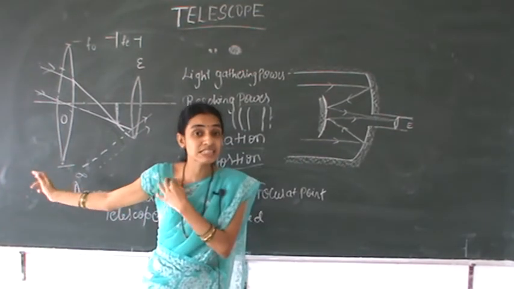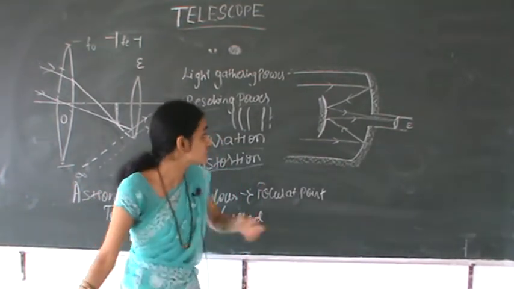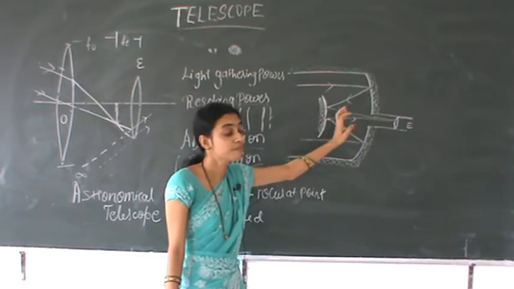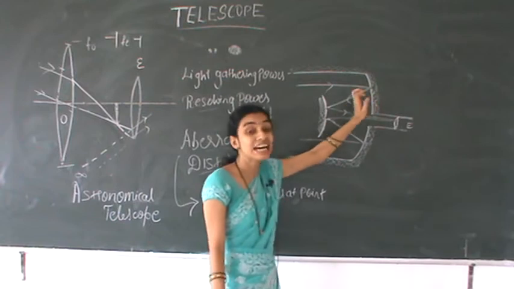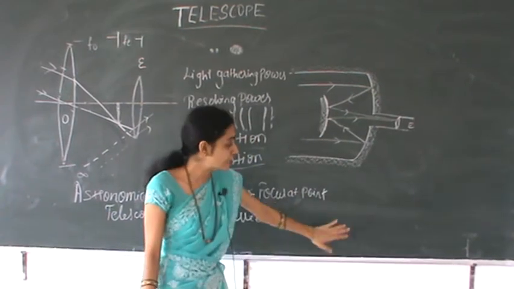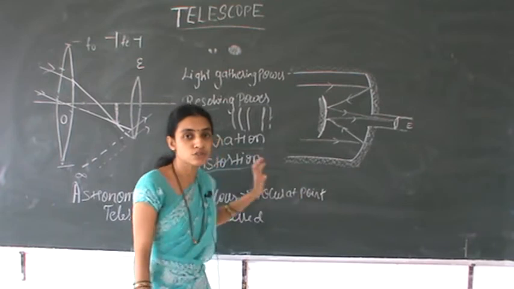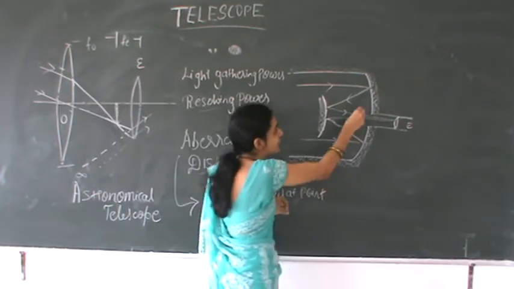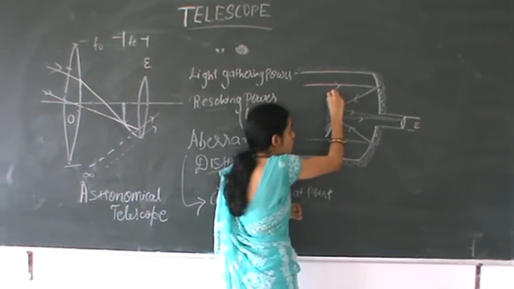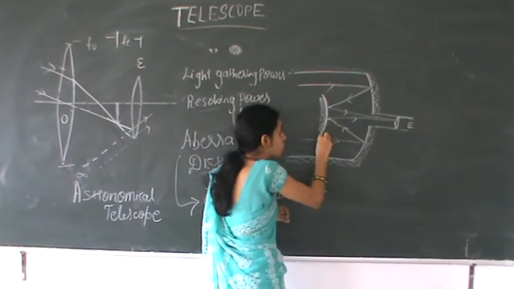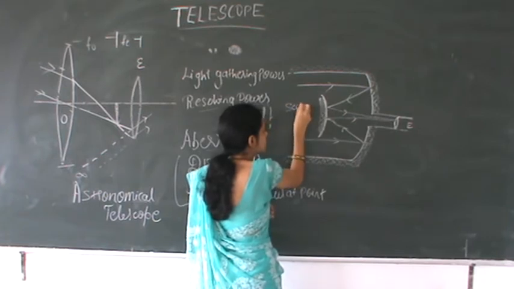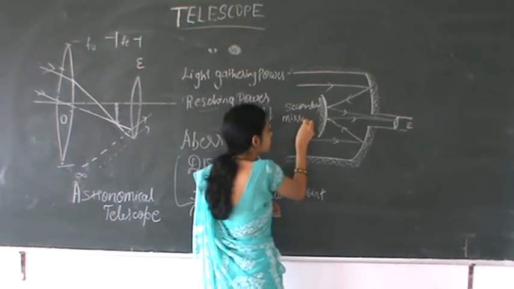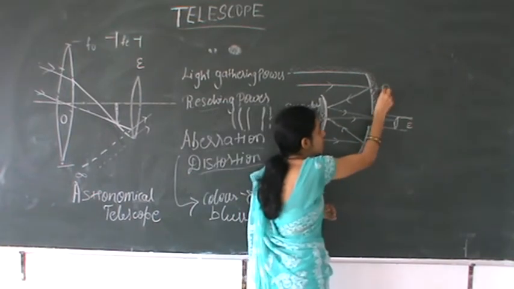In the case of a lens, the refraction phenomenon occurs, whereas in the case of a mirror, the reflection phenomenon occurs. So it is named the reflecting type telescope, versus the refracting type telescope. When the light ray is incident on this, there is one more arrangement: one more mirror, the secondary mirror.